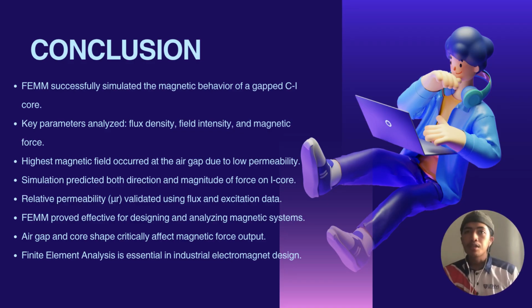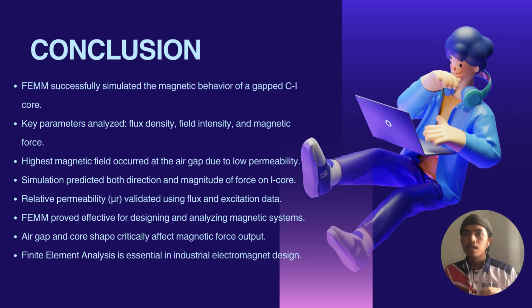In conclusion, this project successfully demonstrated the magnetic behavior of a gapped CI core system using the FEMM software. We analyzed key electromagnetic parameters such as flux density, field intensity, and the magnetic force distribution within the system. The simulation revealed that the strongest magnetic field was concentrated at the air gap due to its low permeability.